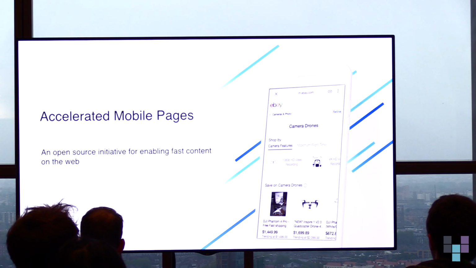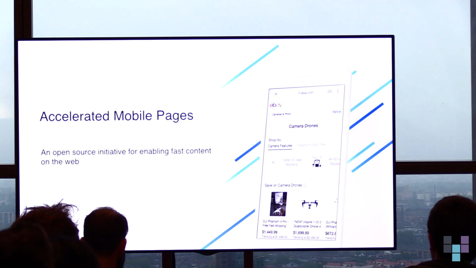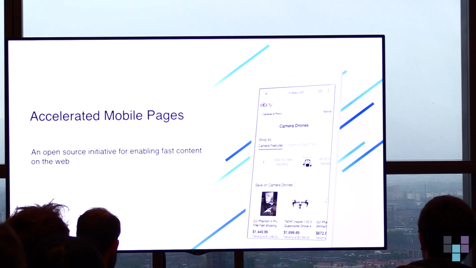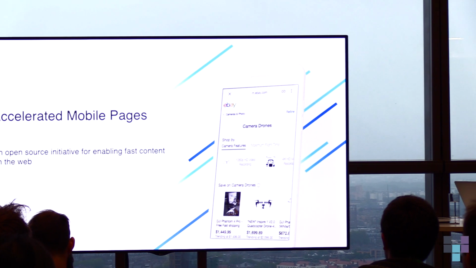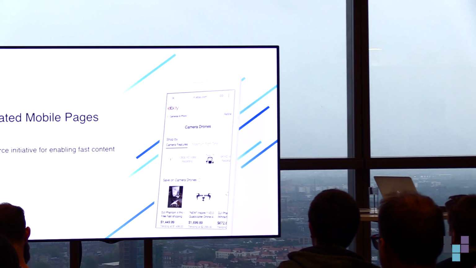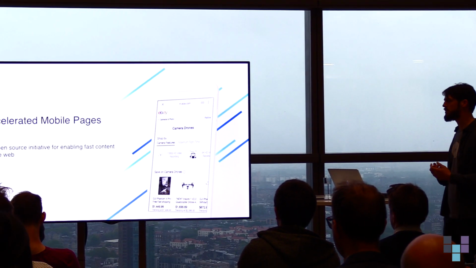So Accelerated Mobile Pages is a project that started, I think, almost 1.5 years ago. And the idea is to make it quite easy to create fast websites or web pages.